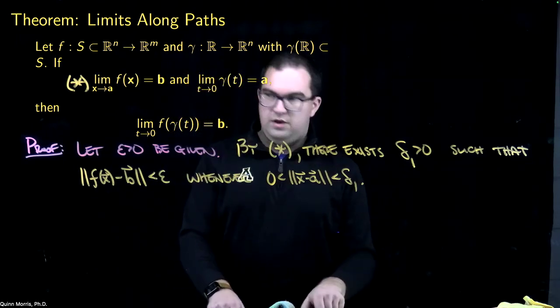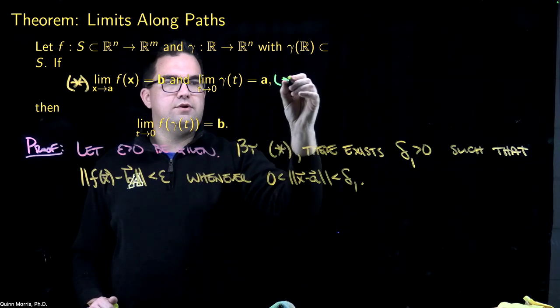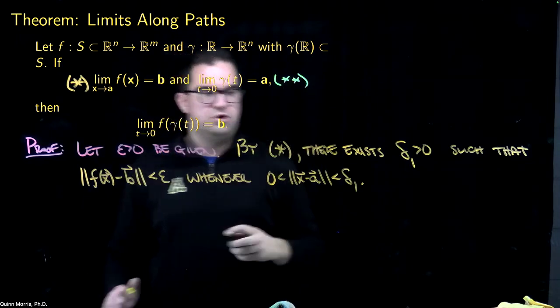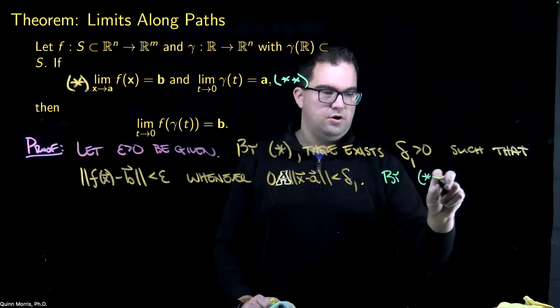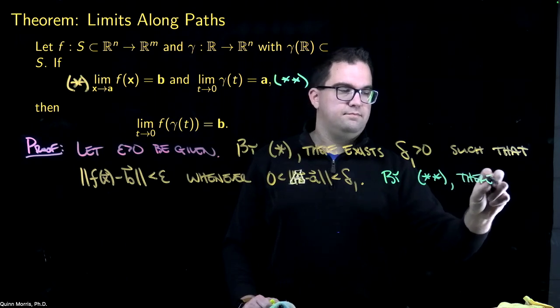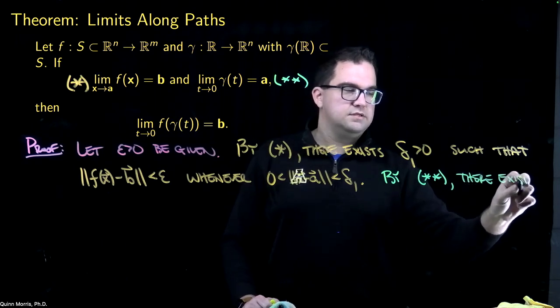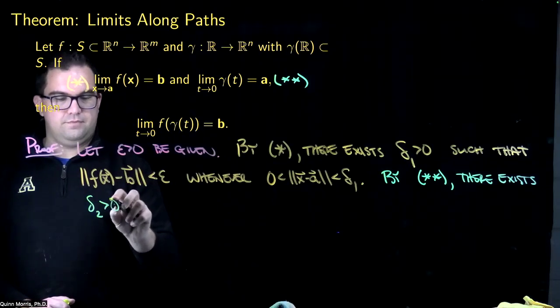Now, we also have this limit, which I now want to use. I'm going to very creatively call it double star. By double star, there exists, I want another delta. So there exists, I'm going to call this one, again creatively, delta 2.